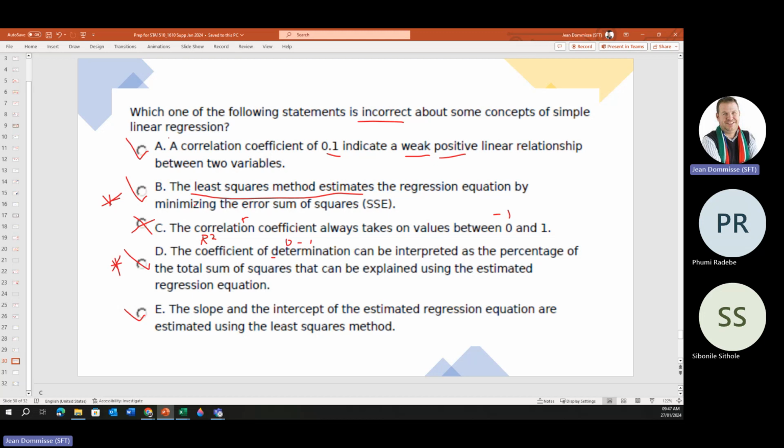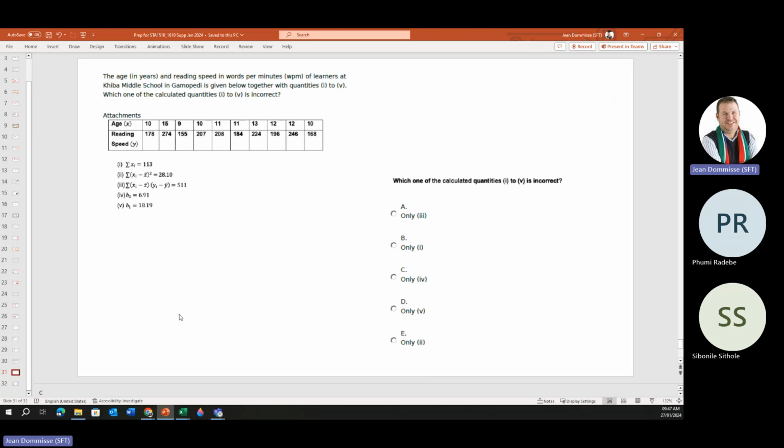Even have this slide at hand when, at the end of your exam, the regression questions come up. It might even be that some of these concepts they ask again. Okay, the last one, we go into nearly a practice of the regression.